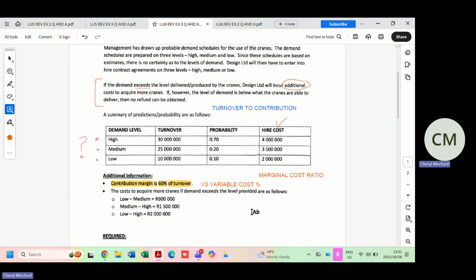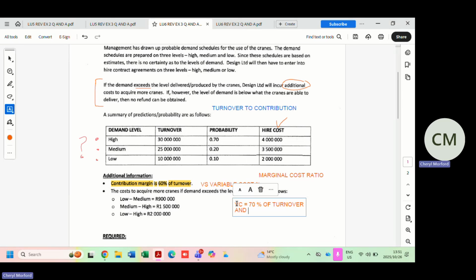You must then get contribution margin. So let me just make up another possible scenario. If it says that variable cost is equal to, say, 70% of turnover, what must we therefore go and do?